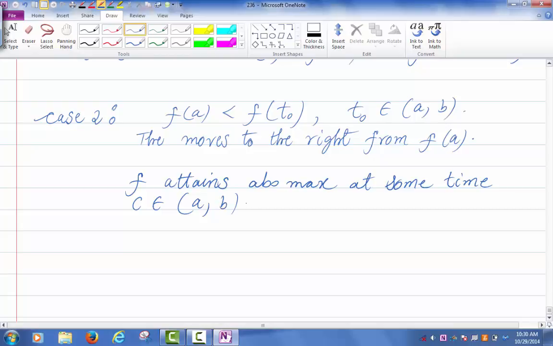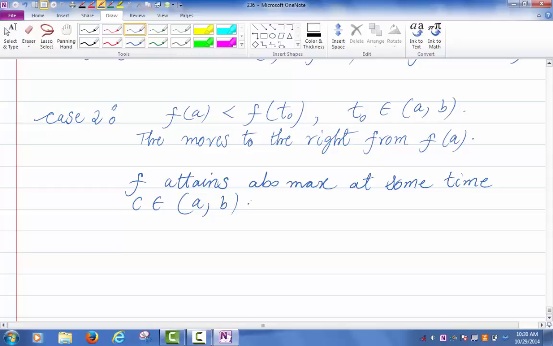So at time c, the bug reaches the rightmost point on the line. Okay, the largest position it achieves is at time c. That's what I'm saying. Am I making sense? So if it moves to the right, there is a largest position that it achieves during that time interval, and that's the absolute maximum value of the position function.